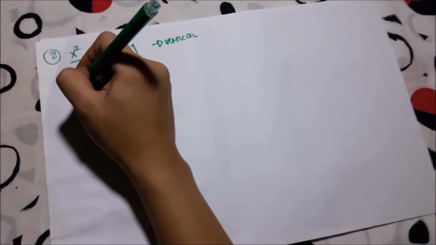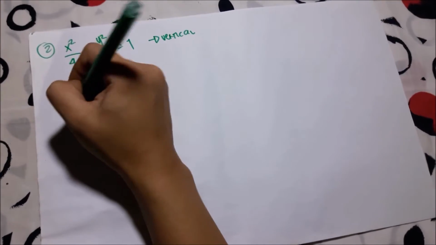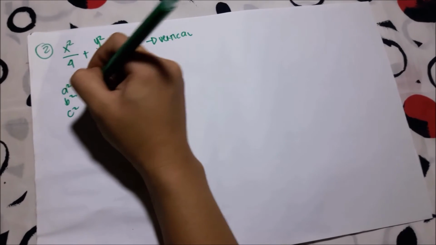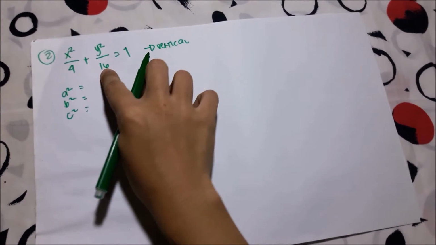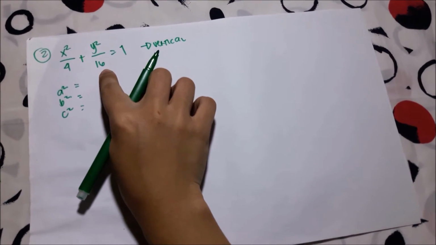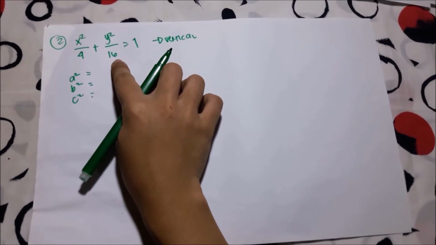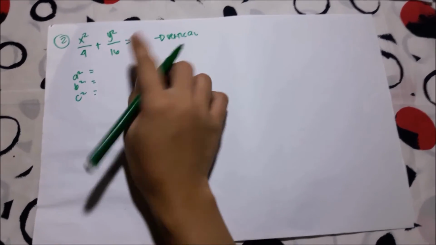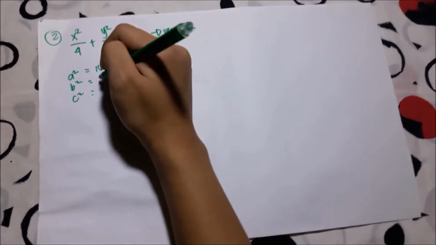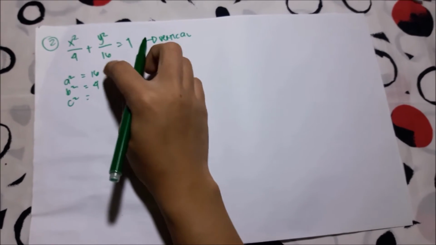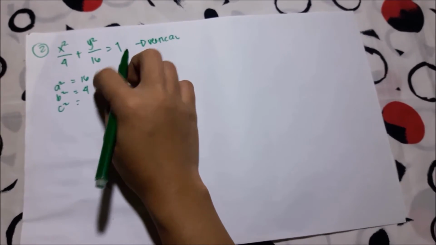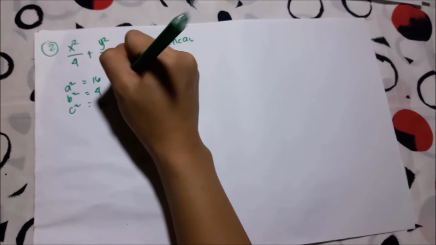So let's proceed. So a squared, b squared, and c squared. So your a squared is 16 because the greater value is always the value of a. So your a squared is 16 and your b squared is 4. And 16 minus 4 is equal to 12.